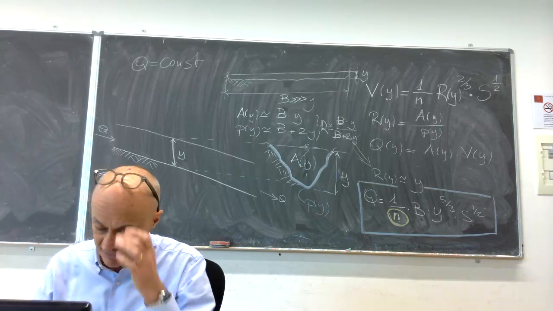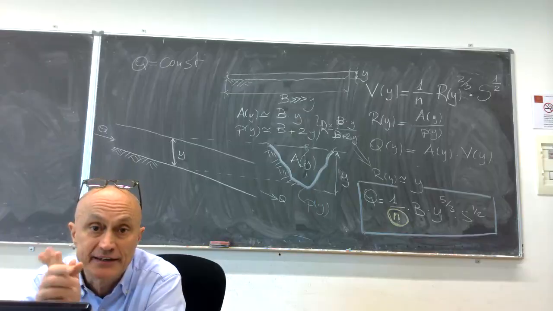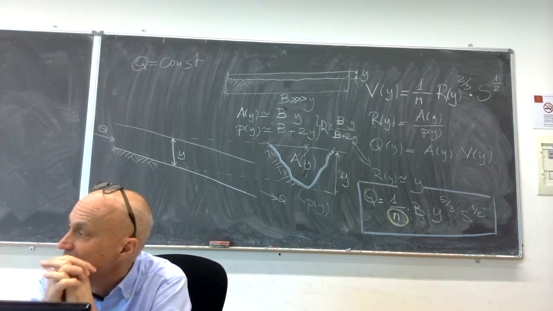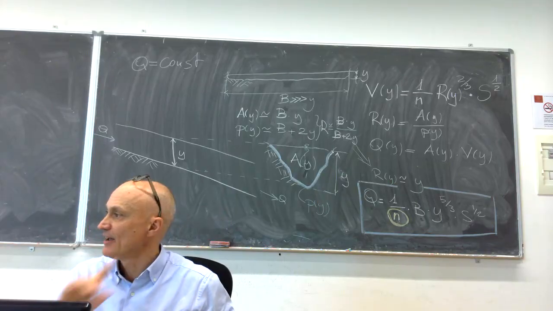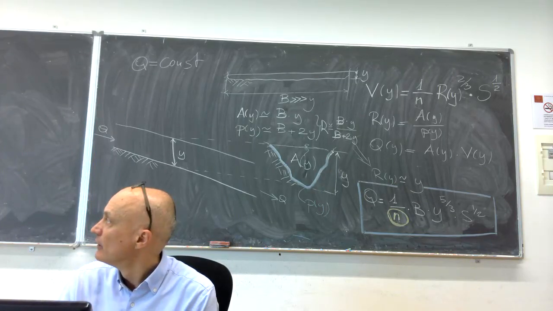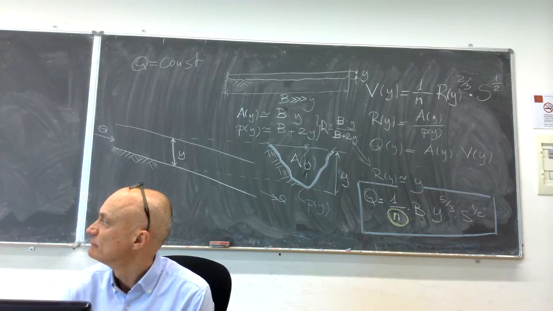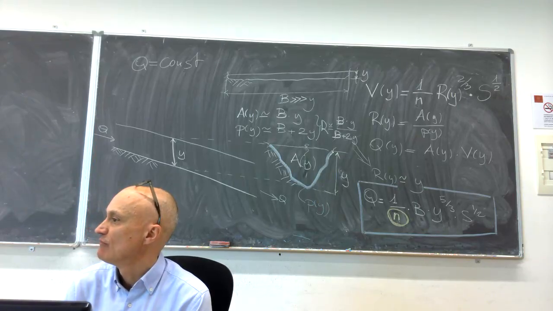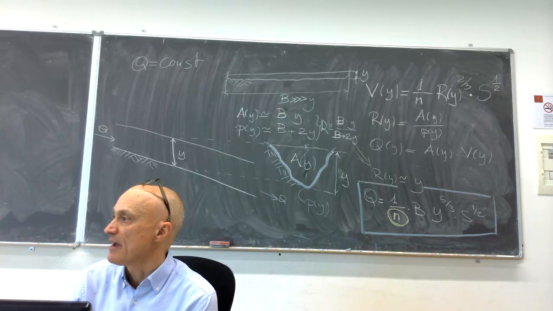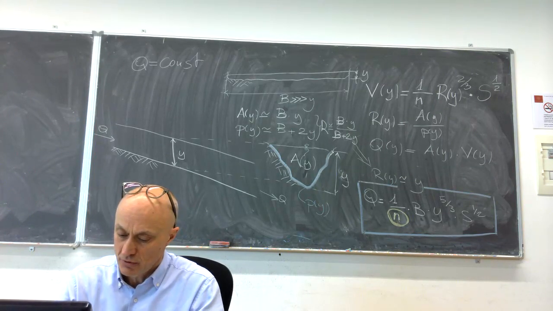We have the equation on the blackboard: 1 over n, times the hydraulic radius, which is approximately the water depth, to the power of 2/3, times the slope, 0.05, to the power of 0.5.